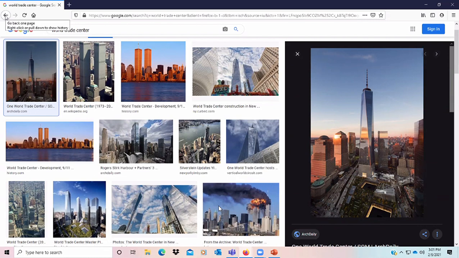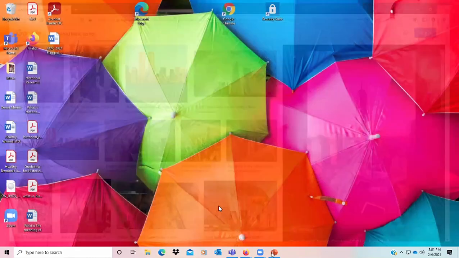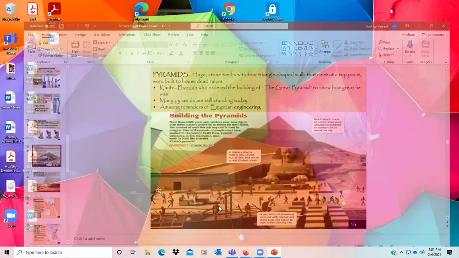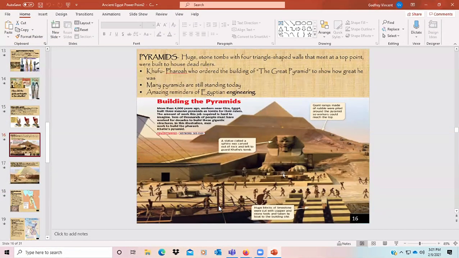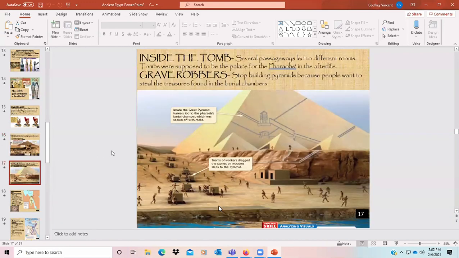The pyramids will have a base, but you can be miles down in the earth. So to do that, you have to know engineering and mathematics. Again, this is what it looks like. So you had a series of tunnels and chambers.